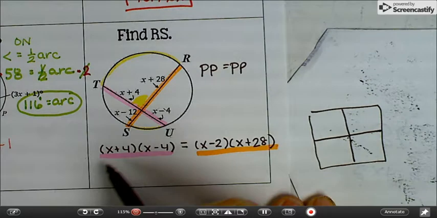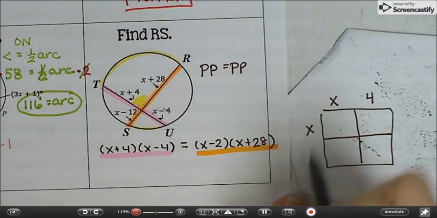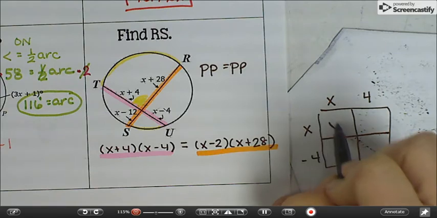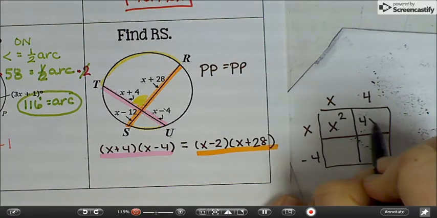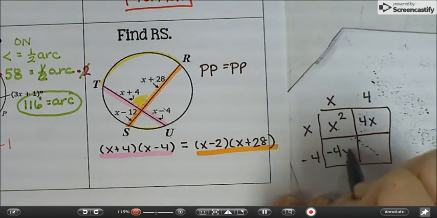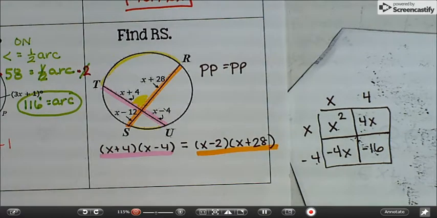So if I want to do x plus 4, x minus 4, multiplication table style, so x times x is x squared, 4 times x is 4x, x times negative 4, negative 4x, negative 4 times 4 is negative 16.